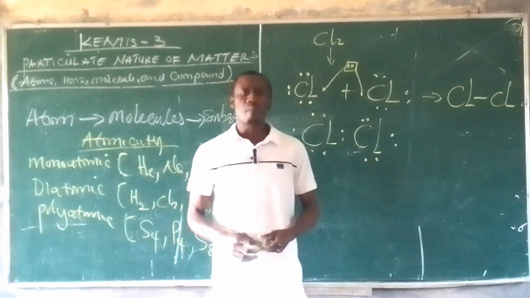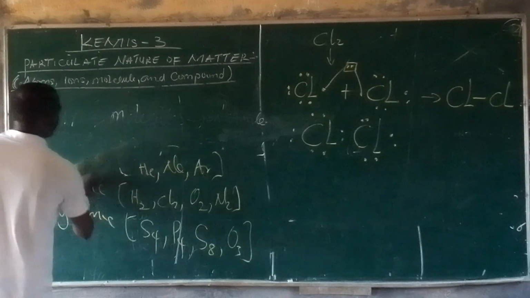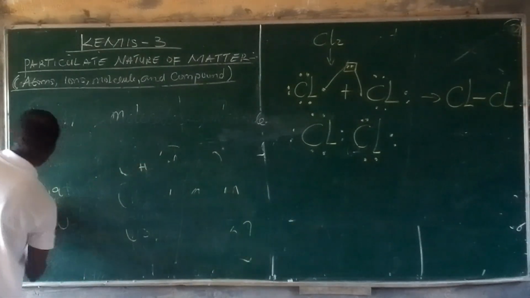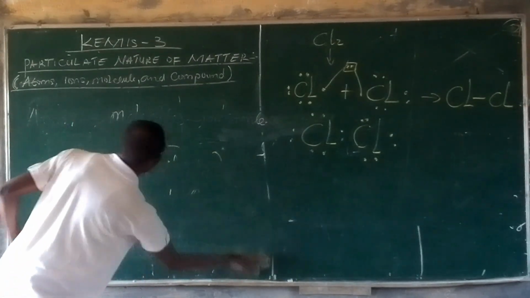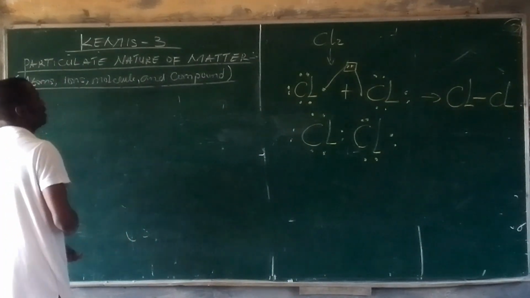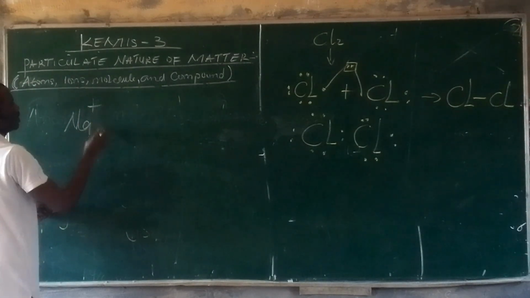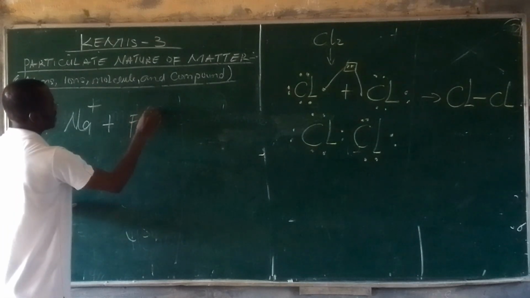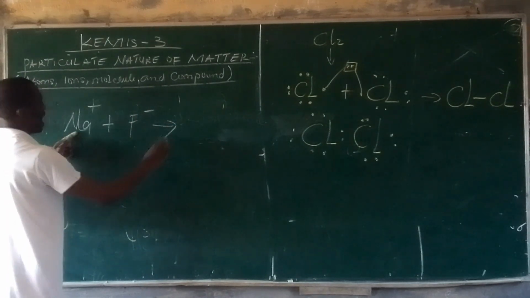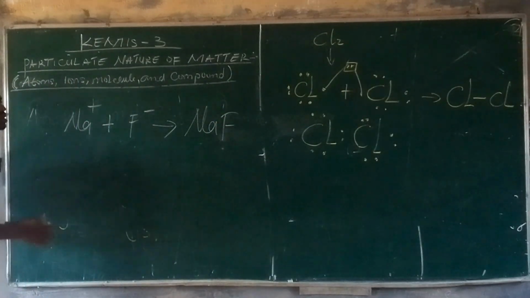Now we go to ionic compounds. What we mean by the word ionic compound is that there are combinations of a positively charged atom and a negatively charged atom. Now, when these react, they are going to form sodium fluoride. Let me tell you what is involved in the reaction.